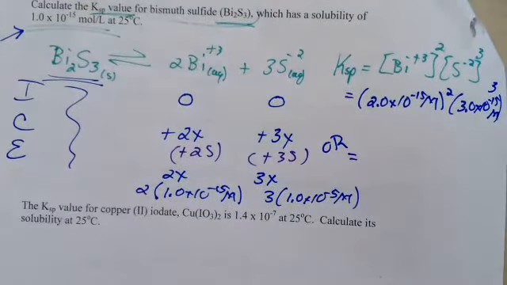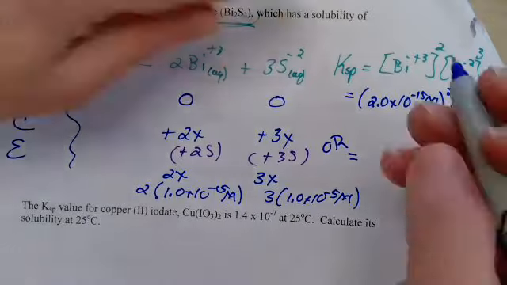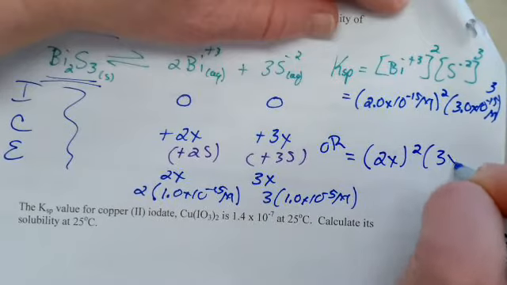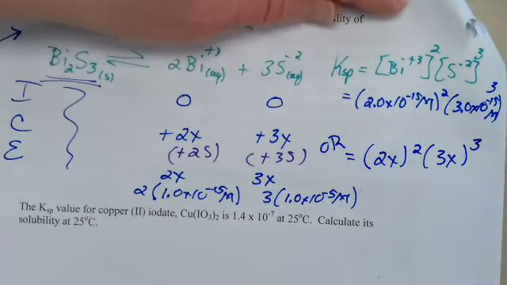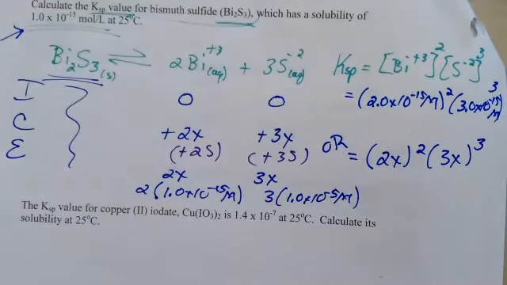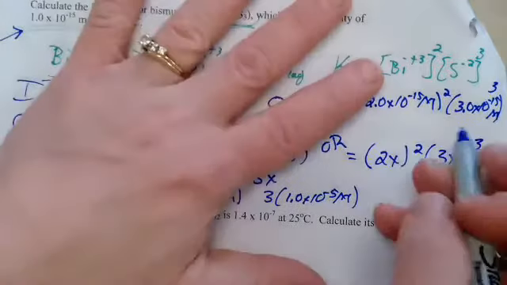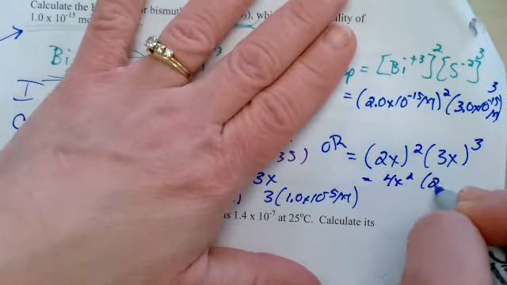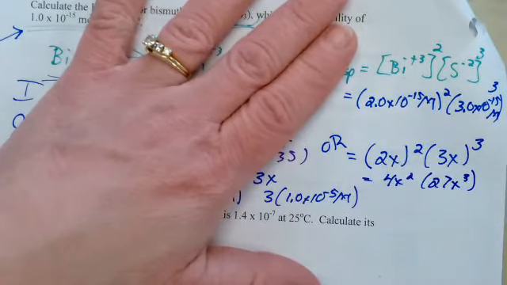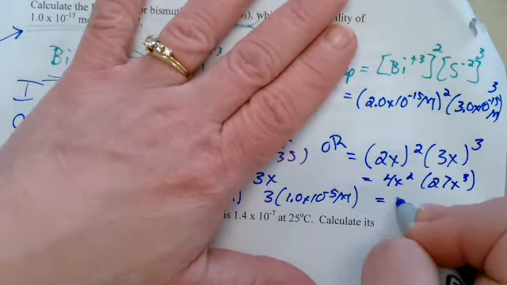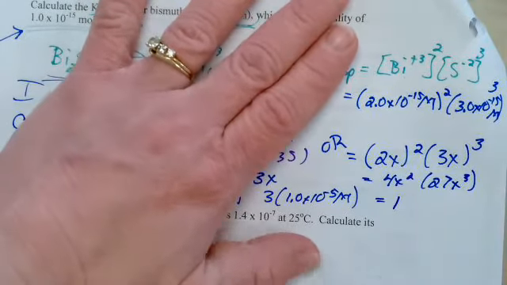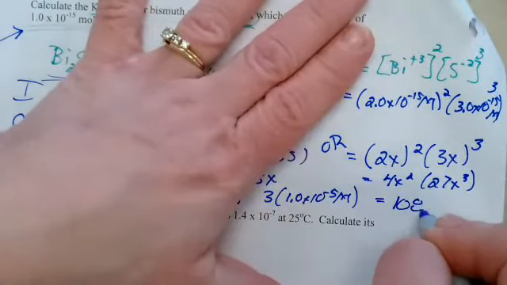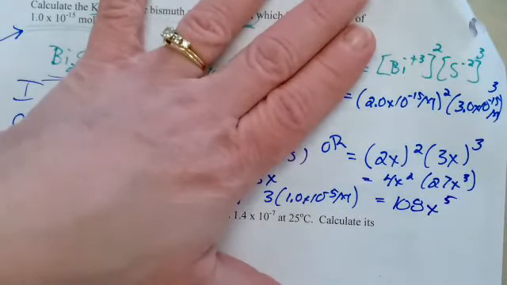Or you could put in the expressions in terms of X. We could just algebraically simplify and say it'll be 4x squared and 27x cubed. And then this will be 108 times x to the 5th.